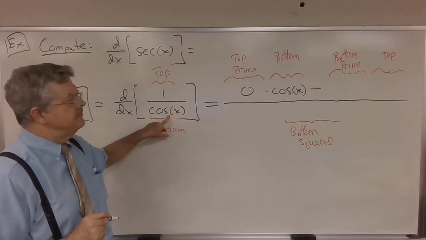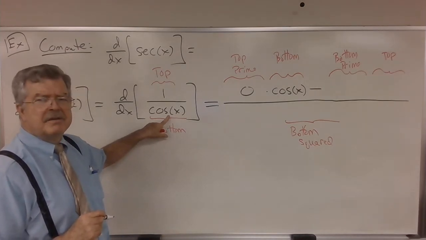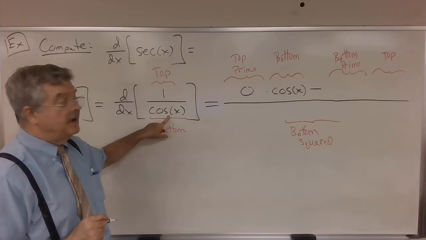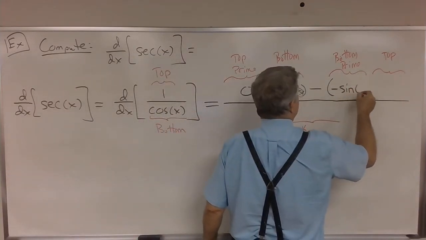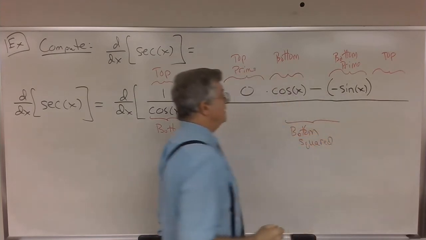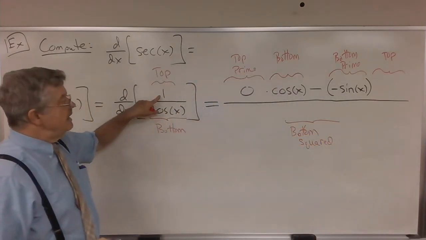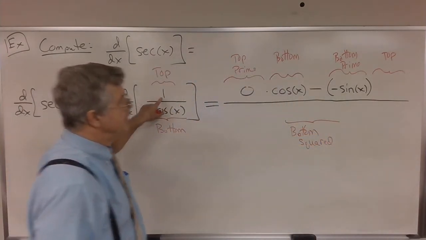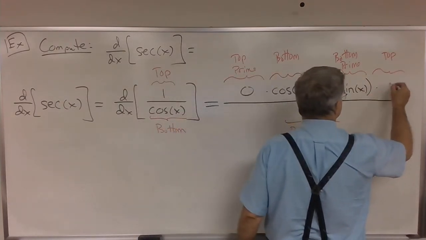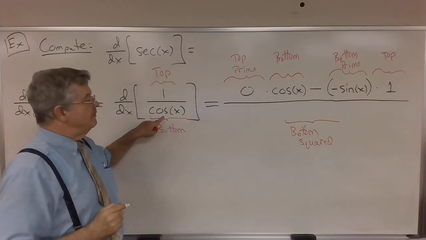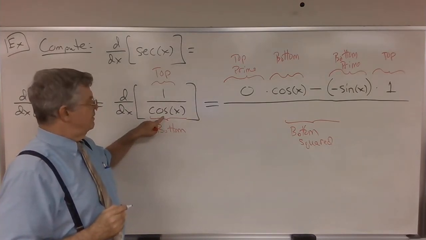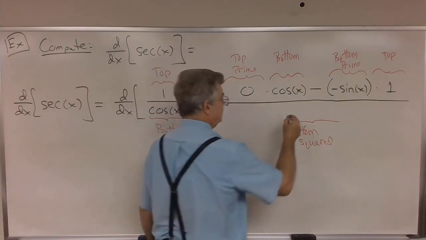What's derivative of cosine of x? Negative sine of x. So negative sine of x is bottom prime times the top, which is 1, all over the bottom squared, cosine of x quantity squared.